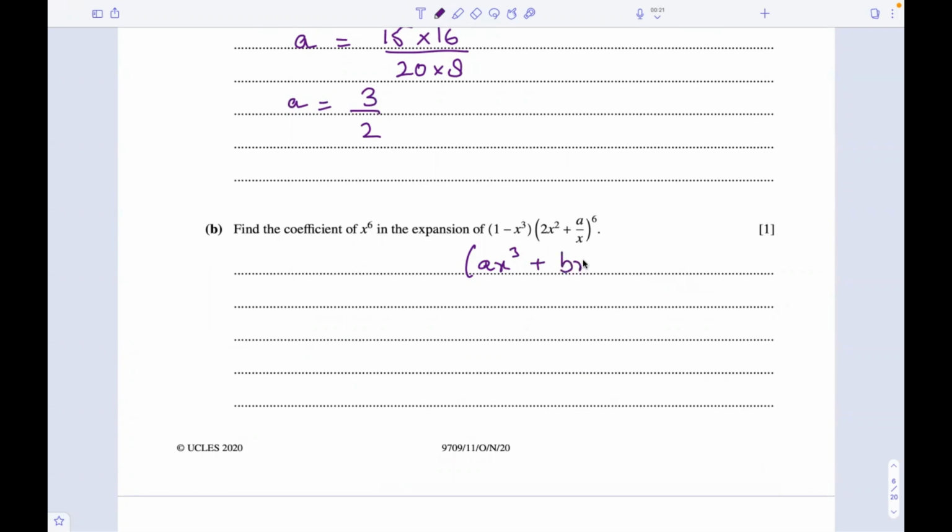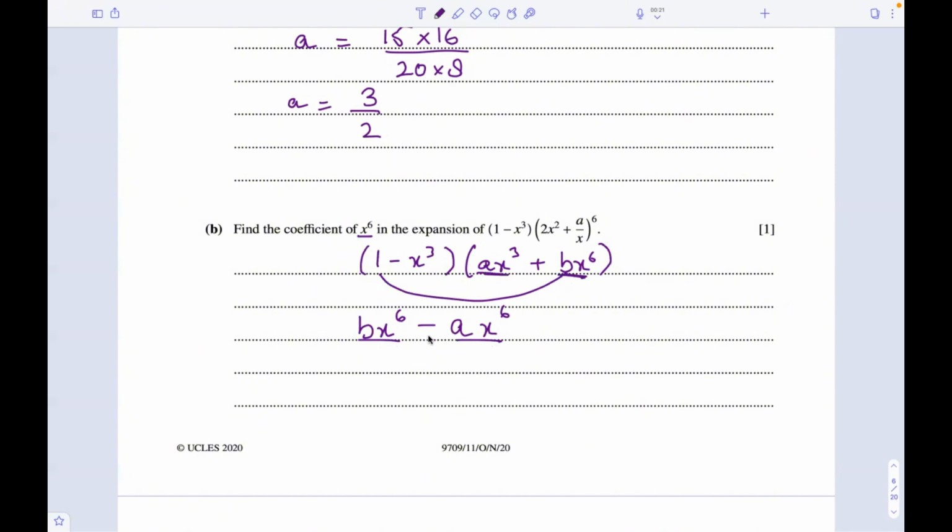So if you write x to the power 6, and we are multiplying it by 1 minus x cube, then to get x to the power 6, 1 will be multiplied by bx to the power 6. So this will become bx to the power 6 minus ax to the power 6. Now, as the coefficients were equal, these two values were equal, and now they are subtracting.